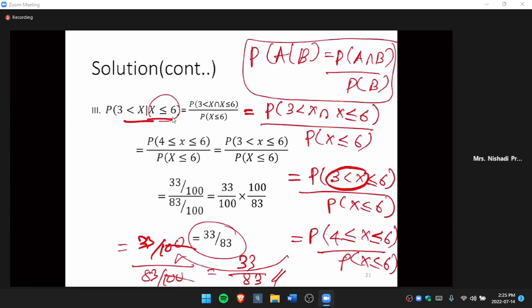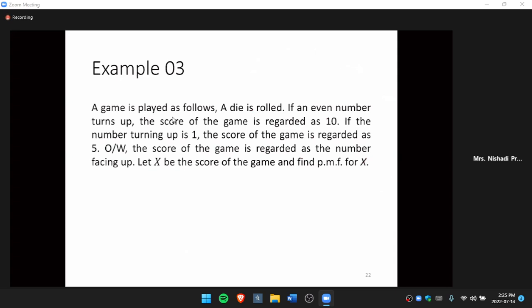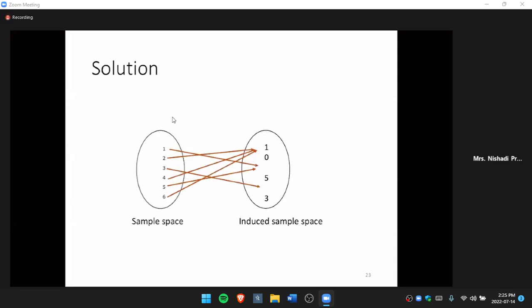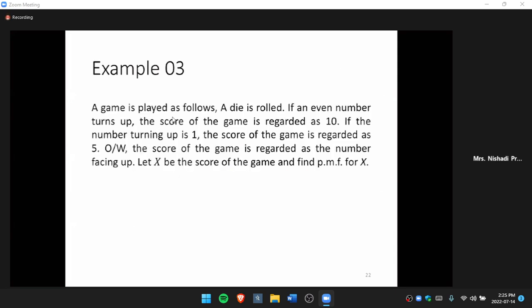Then you can do the rest. Okay, this is a nice question. Example number 3. Try to do this. You have to do this example by yourself.